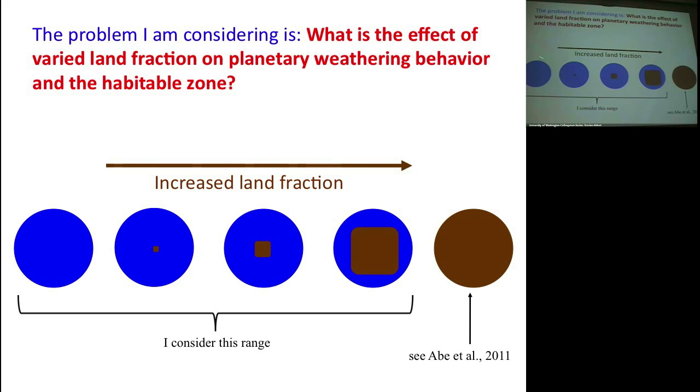And so I'm going to be considering things ranging from waterworld to something with maybe 90% of the planet covered by land. I'm not going to be considering a completely land planet. The complement of what I'm talking about today is this Abbot paper where they talk about a dry planet.